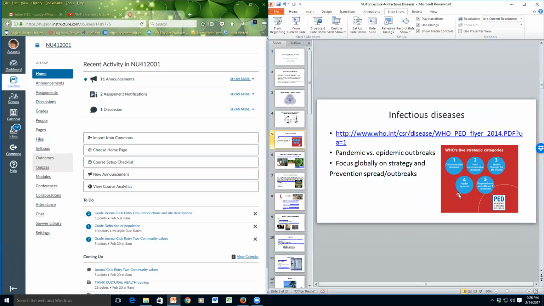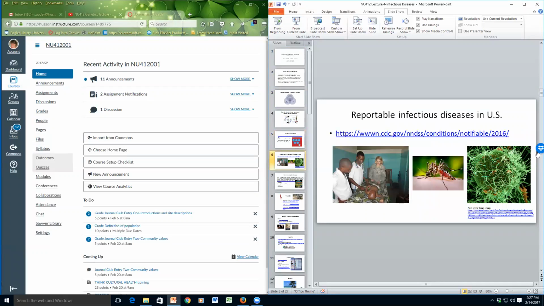And number 4, health systems, how we can impact pandemics and epidemics is based on health systems. And then how we prepare, survey and respond to outbreaks is a critical piece of epidemic and pandemic review.